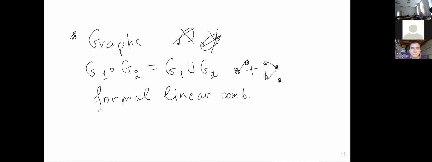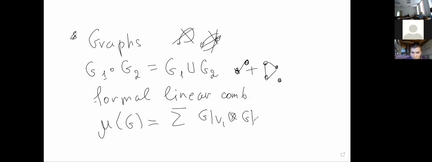Well, we have multiplication, we have formal linear combinations, and we have co-multiplication. It's the sum over all subsets of the vertex set of a graph.